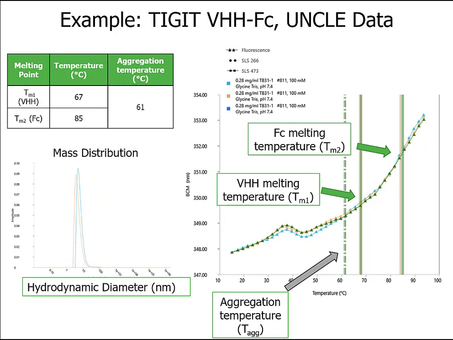And again, as Kevin showed earlier, we can use the platform to not only determine the melting temperature of the VHH domain as well as the Fc domain, we can also use it to assess the temperature at which the protein aggregates. And so you can see that the VHH domain for this particular example melts around 67 degrees, and right around that same temperature, the antibody protein also tends to aggregate.